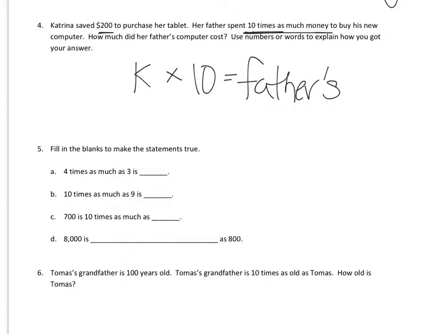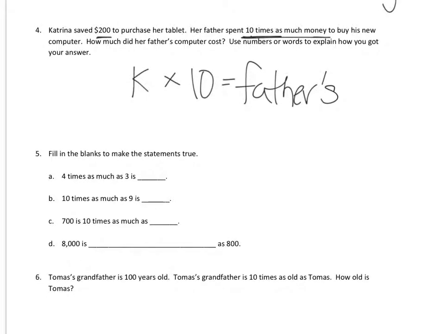And then here, thinking about these as a number model. So having students write maybe next to the problem. We see 4 times as much as 3. I think of that as 4 times as much as 3. And then students should be able to solve for that.